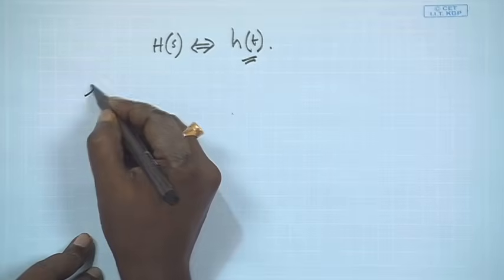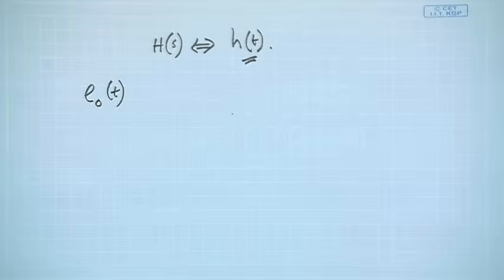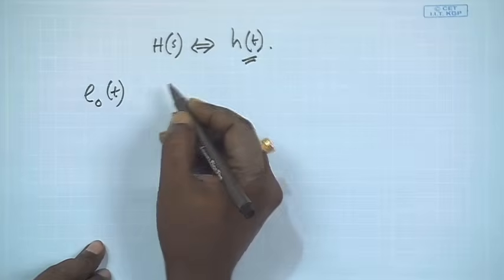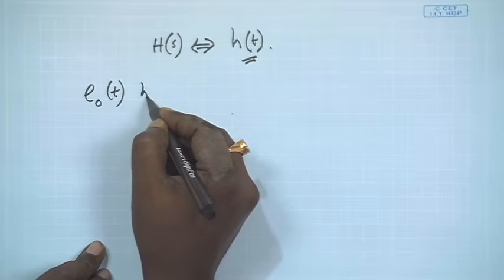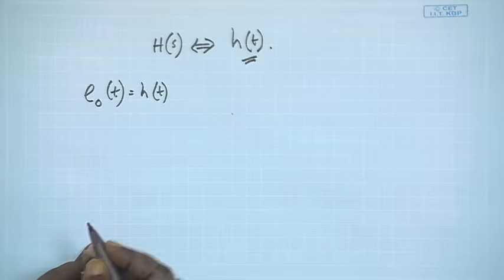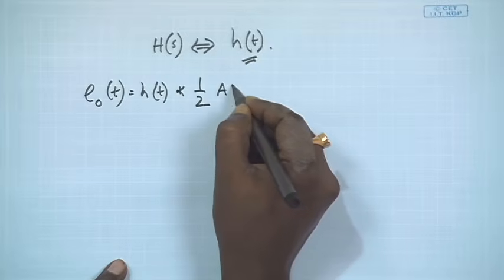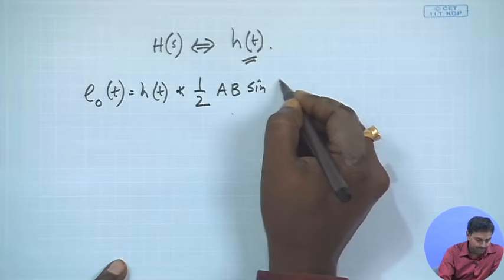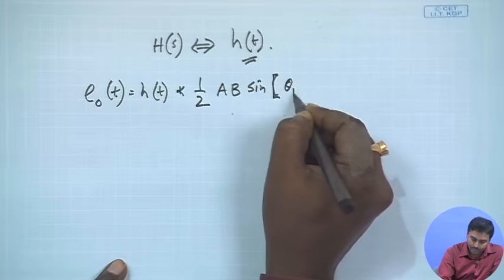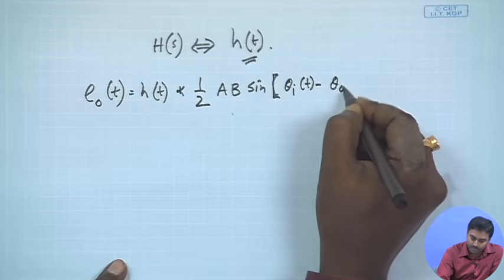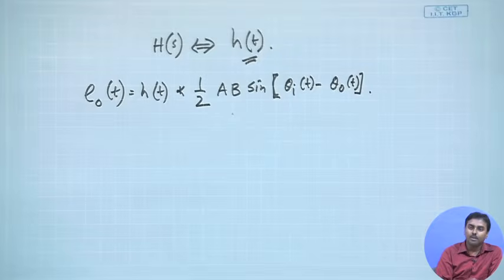So it must be my e0(t), which is generated as error, equal to h(t) convolved with half a b sin(theta I t minus theta o t). Because I know the filter is a low pass filter, I have neglected the other term because that is not required. So, this must be my overall output e0(t).